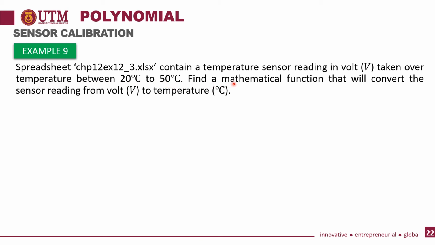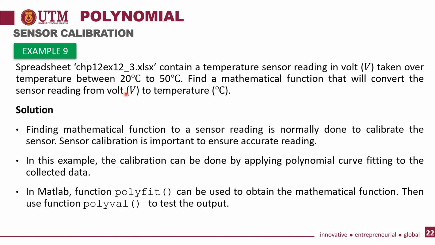So find a mathematical function that will convert the sensor reading from volts to temperature. The solution is finding a mathematical function for a sensor reading, which is normally done to calibrate the sensor.